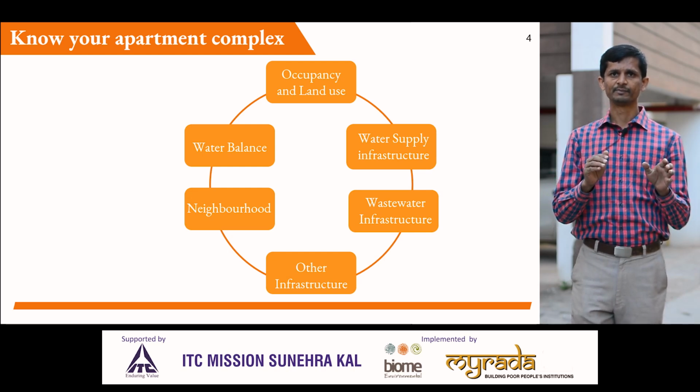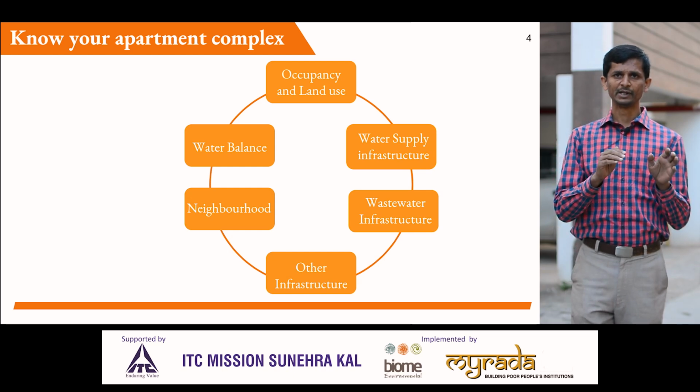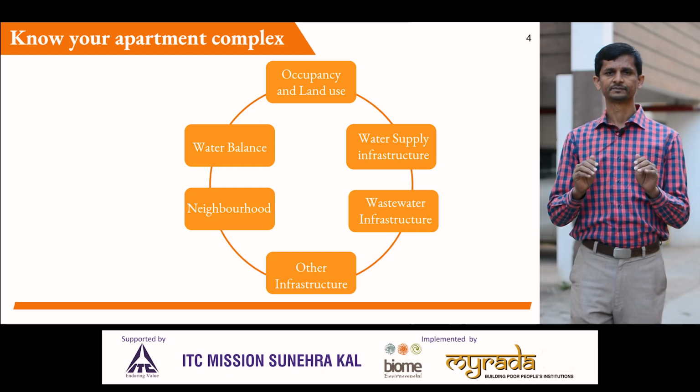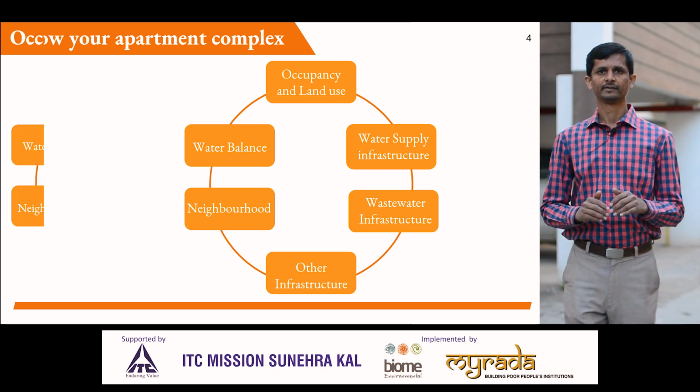Document all the information and update it regularly. It will also help the new Resident Welfare Association when they take over. Now we will go through the above aspects in more detail.